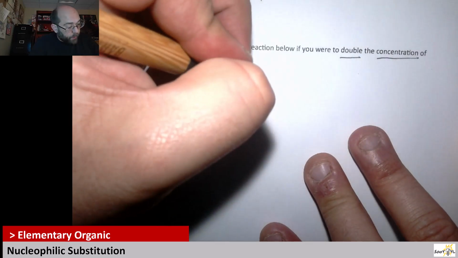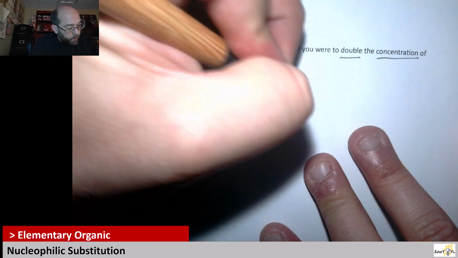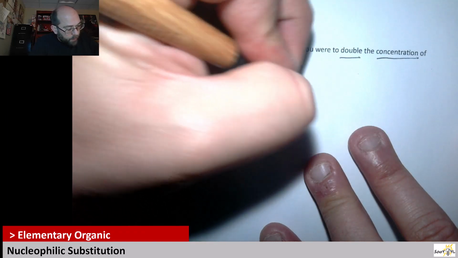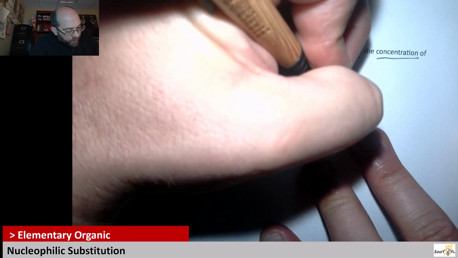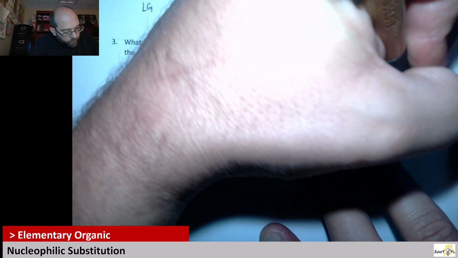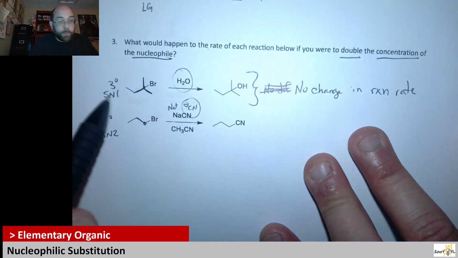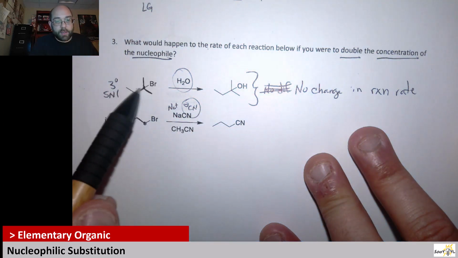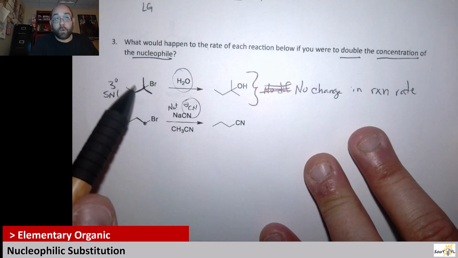So if we double the concentration, I'm going to say no change in reaction rate, and that's all because the rate only depends on this guy, our alkyl halide or substrate.